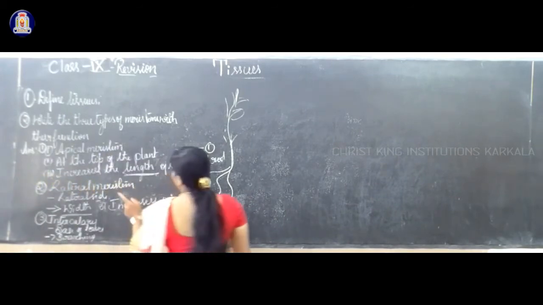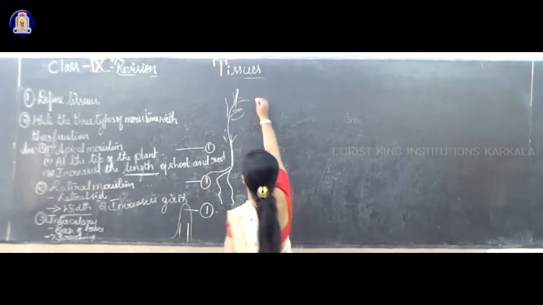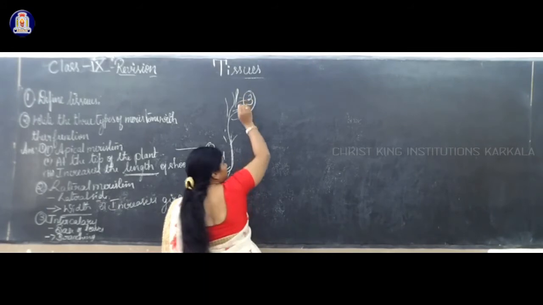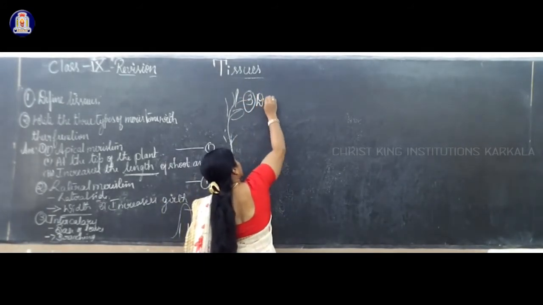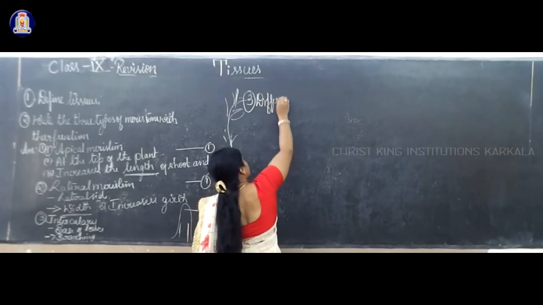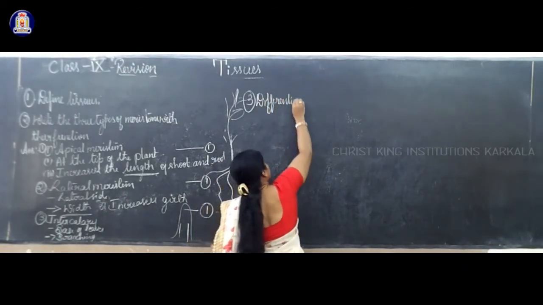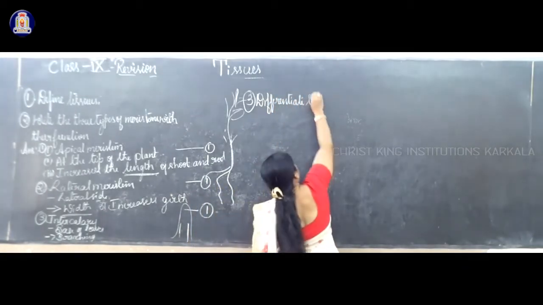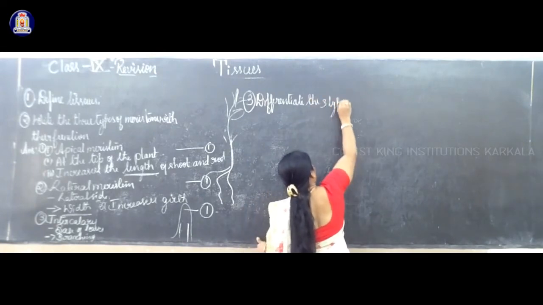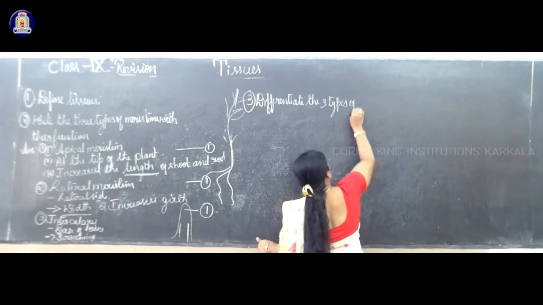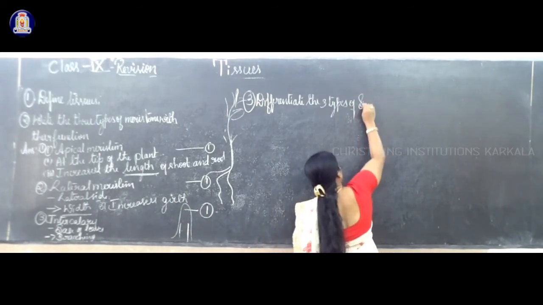Next one, the third question, the major question, a repeated question, very very important: differentiate the 3 types of simple permanent tissue.